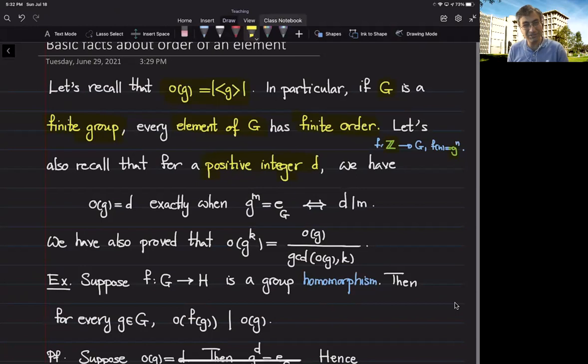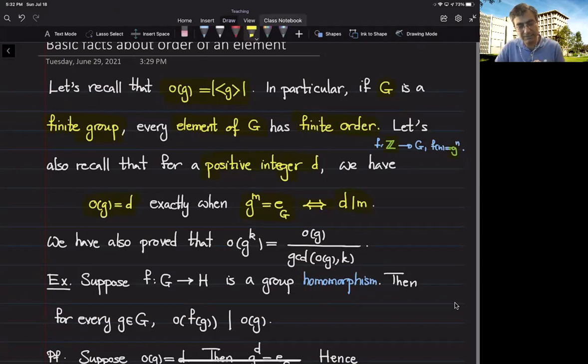For a positive integer d, the order of an element g is d precisely when the following holds: g to the m is the neutral element if and only if d divides m. This is what you have to have in mind whenever we talk about the order of an element.